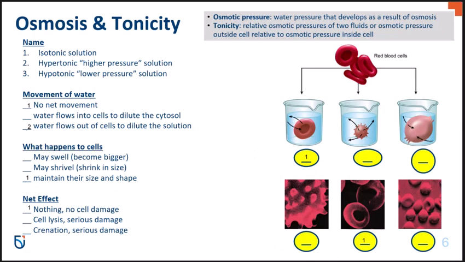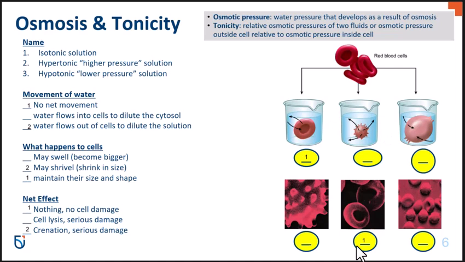So here's showing you that water flows out of the cell. We can see this is the example here where water is leaving the cell, moving to an area where it can sort of dilute the solution. And if water is leaving the red blood cell, it's causing the red blood cell to shrivel or shrink in size. And this is called crenation. So cell shrinking is called crenation, and this can have some serious side effects on the body if it's not corrected.